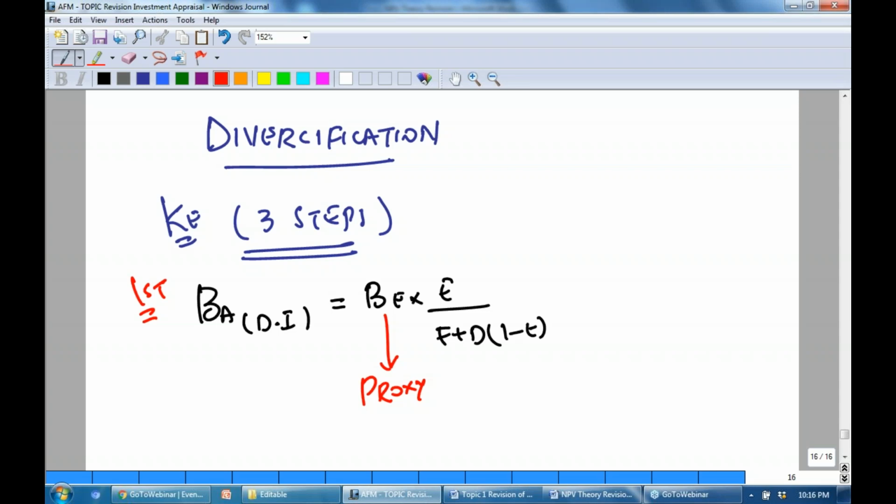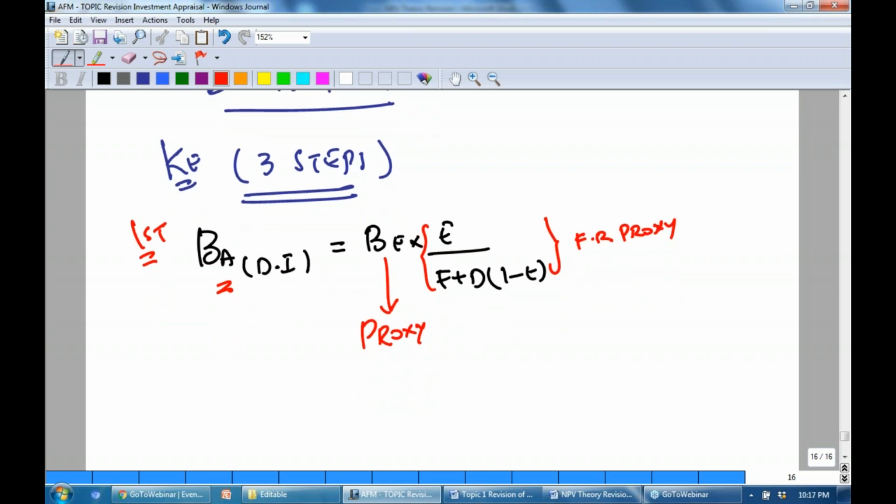That's called proxy. And get the financial risk of the proxy to identify beta asset. And this step is called, you wanted to identify ungeared beta.